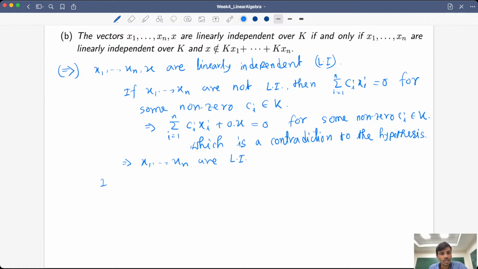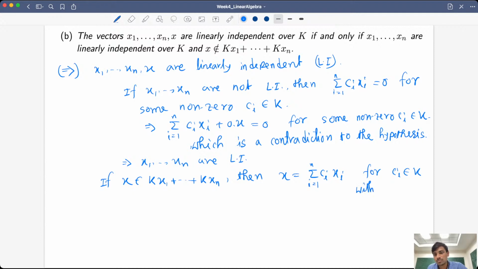So again, if x belongs to this span, that means kx1 plus the vector space generated by x1, x2, ..., xn, taking the sum of those vector spaces, then I can write x as some sum of Ci xi, because it belongs to this sum, so I must have some choice of C1, C2, ..., Cn for Ci belonging to K. And x cannot be 0, so some Ci is non-zero, because if all of the Ci are 0, then x is 0, but if x is 0, then this set cannot be linearly independent, right?